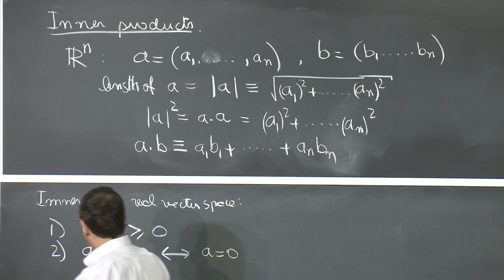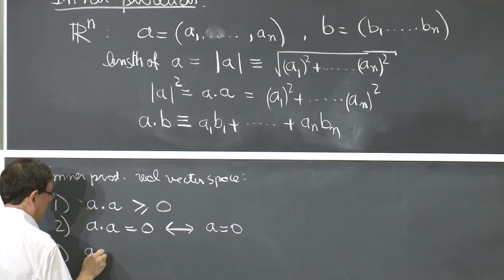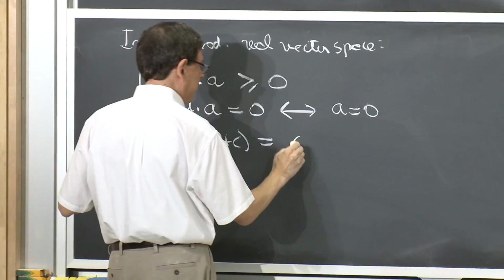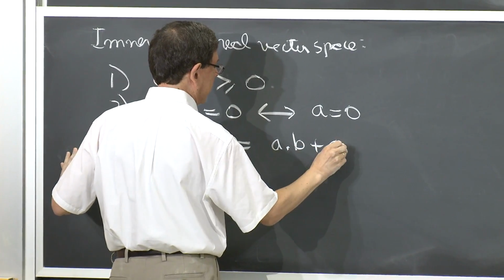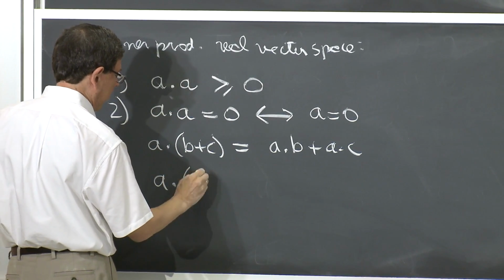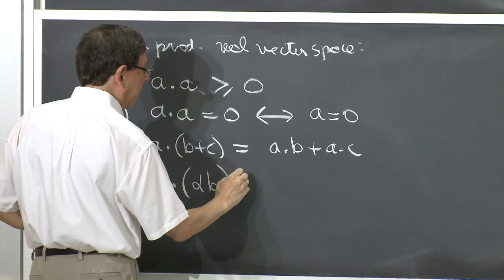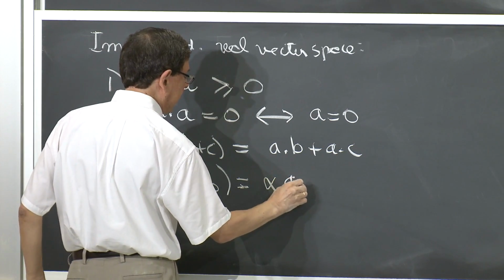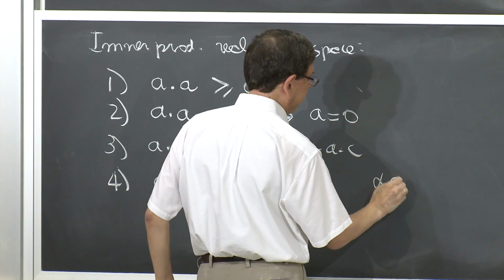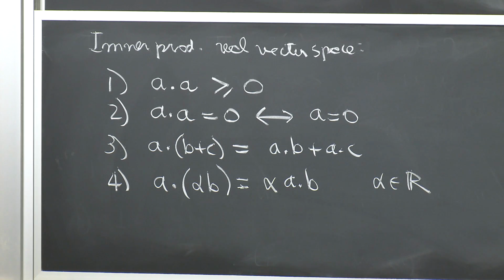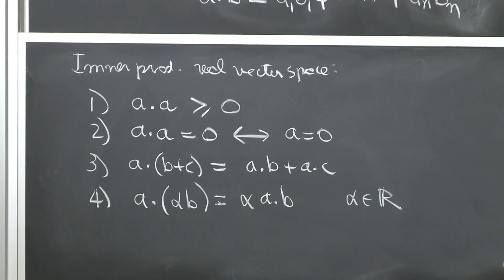Then we want another property: A dot (B plus C) should distribute, A dot B plus A dot C. And A dotted with alpha B, where alpha is a real number, should be equal to alpha times A dot B. So these are things that you intuitively know and are satisfied by this definition.